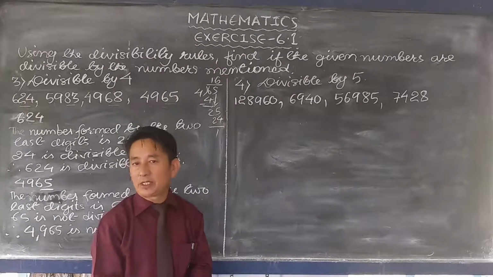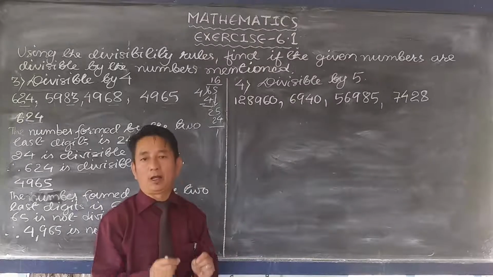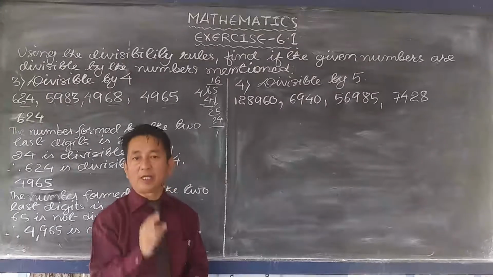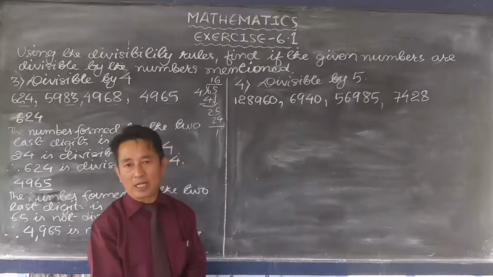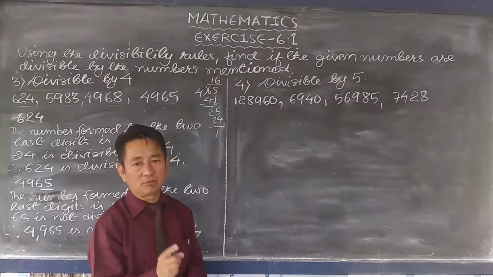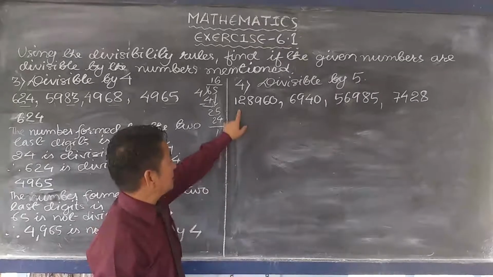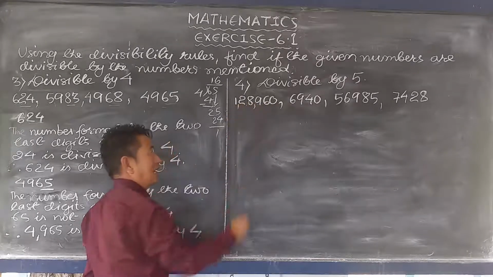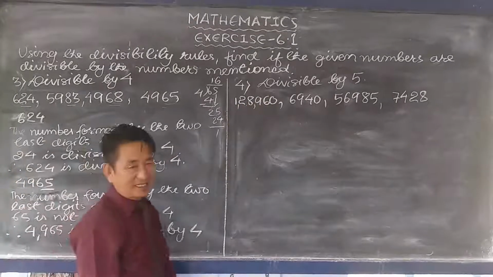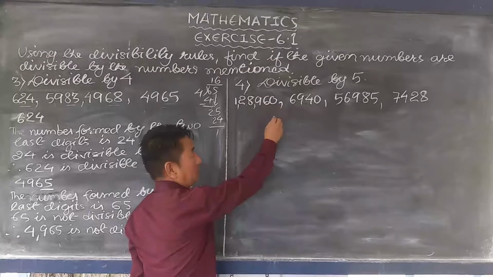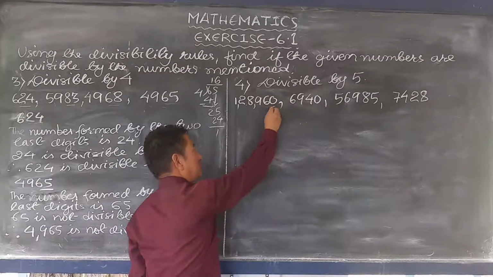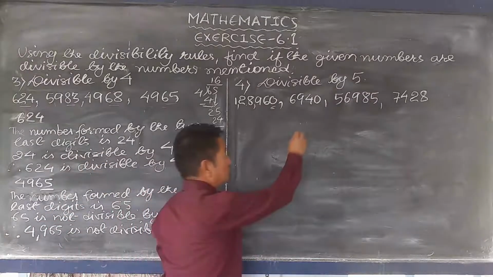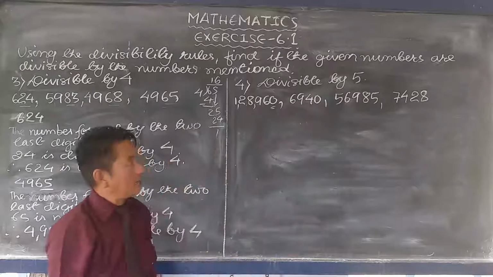Once again I repeat, if a number has 0 or 5 in its ones or unit place, that number is divisible by 5. As you can see here, 1,28,960. This number is divisible by 5 as there is 0 in its ones or unit place.